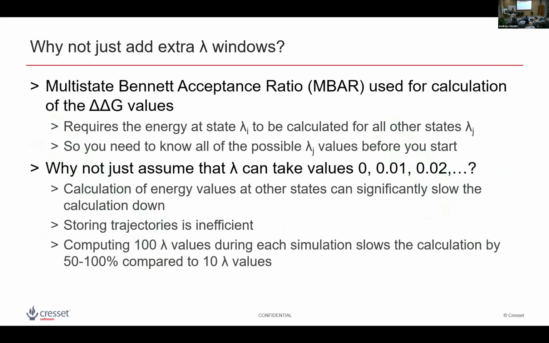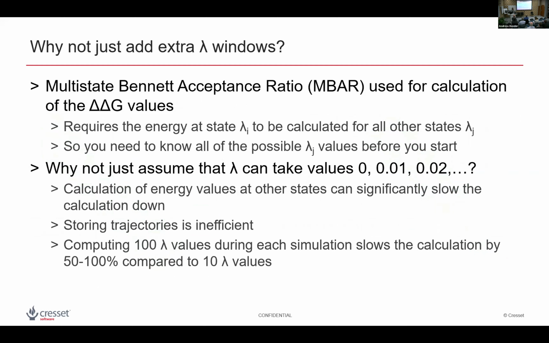So someone may ask, why can't we just add extra lambda windows in the areas which are problematic? And the problem here is the algorithm that we are using to calculate the final binding free energy, because we're using the multistate Bennett acceptance ratio, or MBAR. So MBAR requires the energy at state lambda i to be calculated for all the other states.